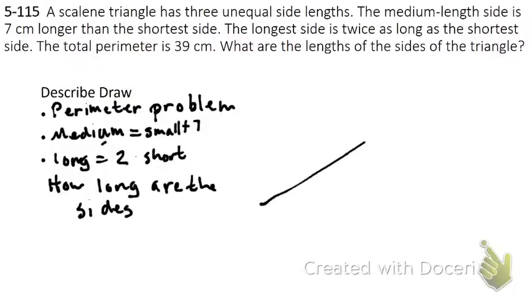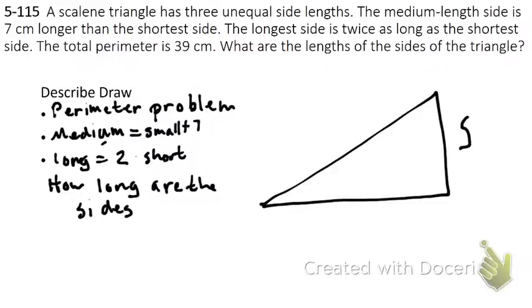I'm also going to go ahead and draw a figure of this. They said it was a triangle with each side of a different length. So I've got my short side right here. We know that the medium one was going to be the same length as my short side, so that same length plus another 7, and that the longest side was the same as two smallers.